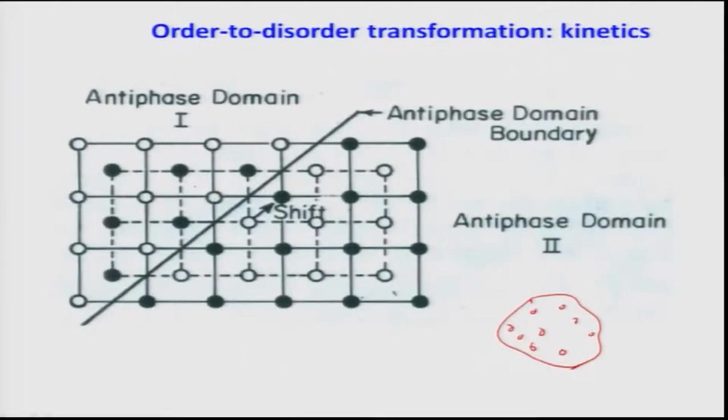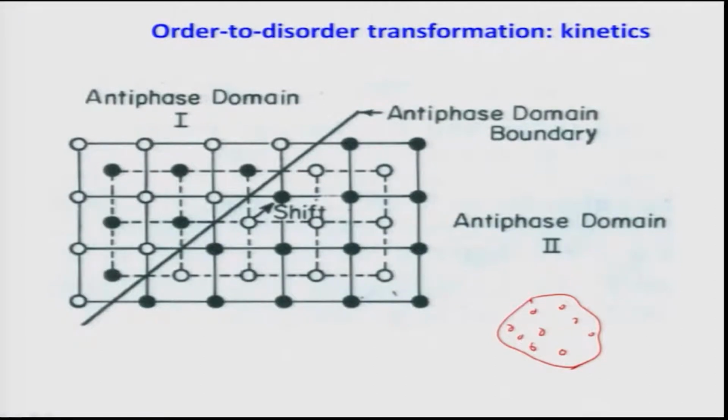Obviously they are displaced, because the copper atoms are sitting at the face center positions and the gold atoms are sitting at the corner positions. So, we can displace one sublattice with respect to the other by a/2 [110]. That is the normal situation.